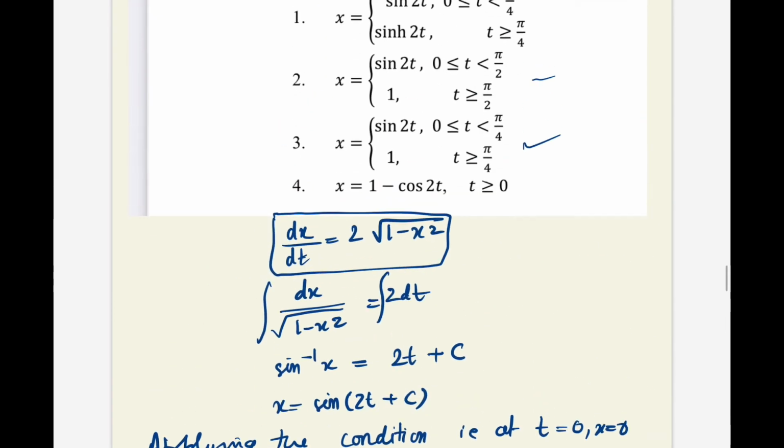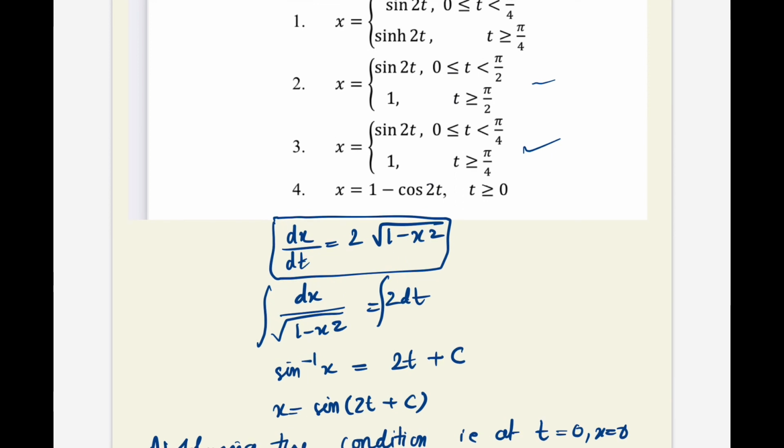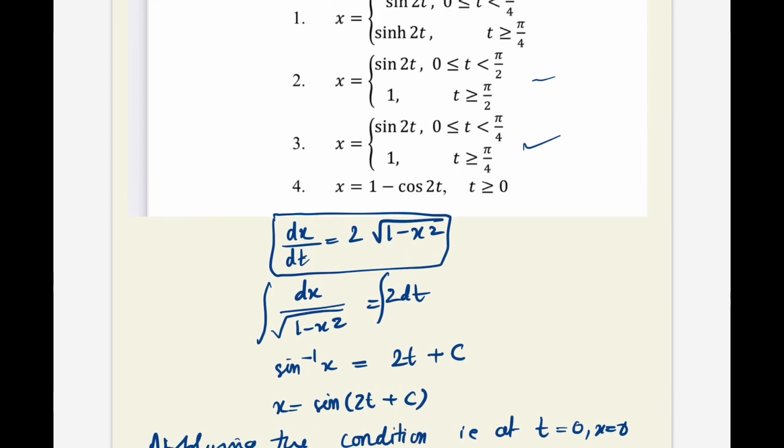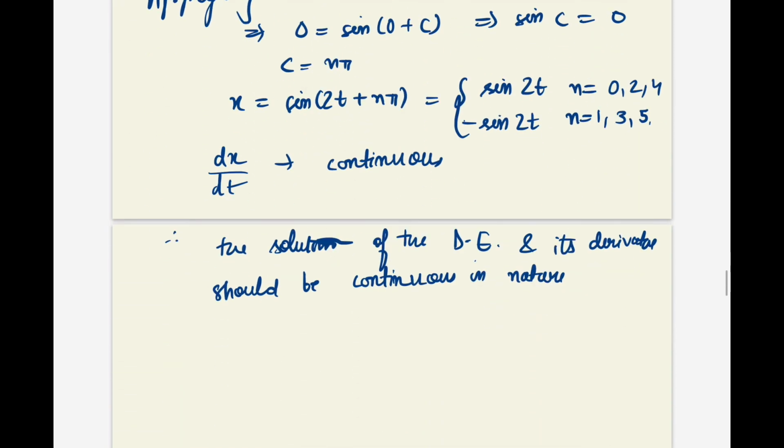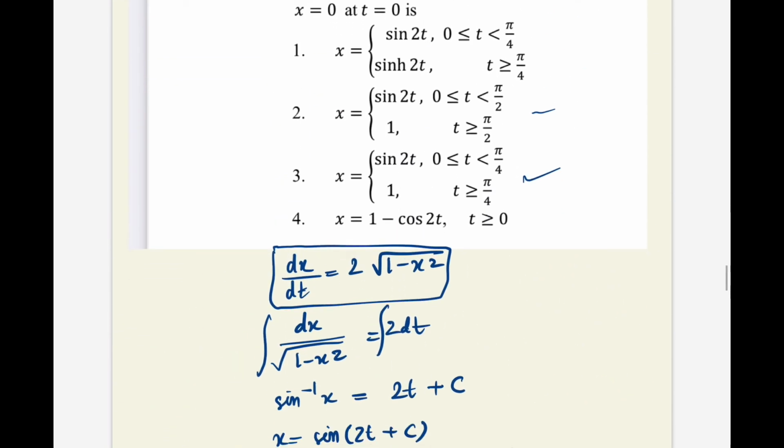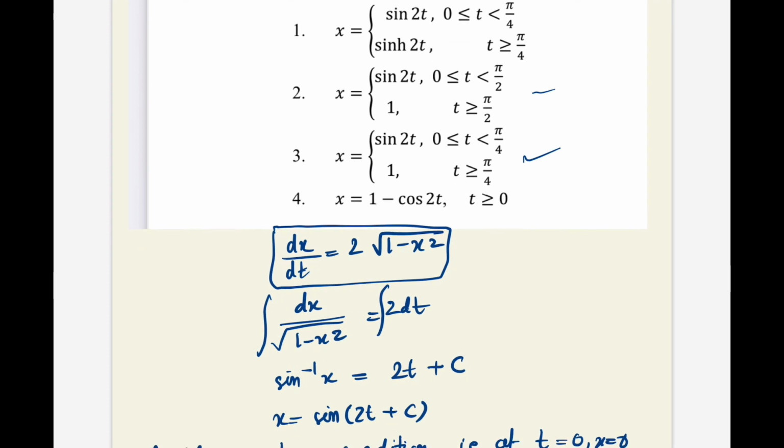So if we see option second, sine 2t for 0 less than or equal to t less than pi by 2, and 1 for t greater than or equal to pi by 2. For the differential equation with option 2, we put x equals sine 2t.